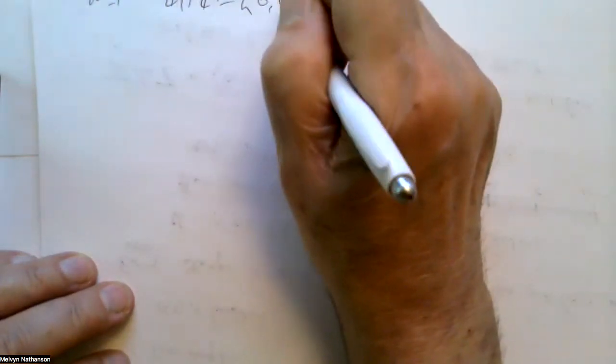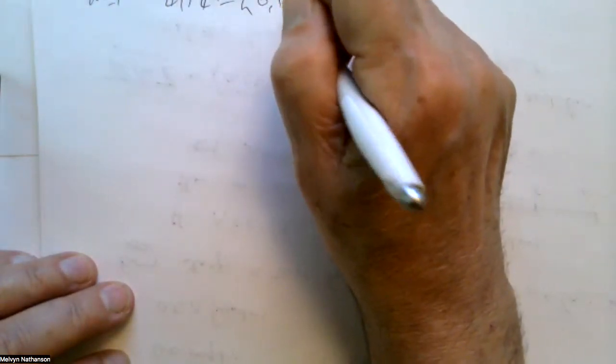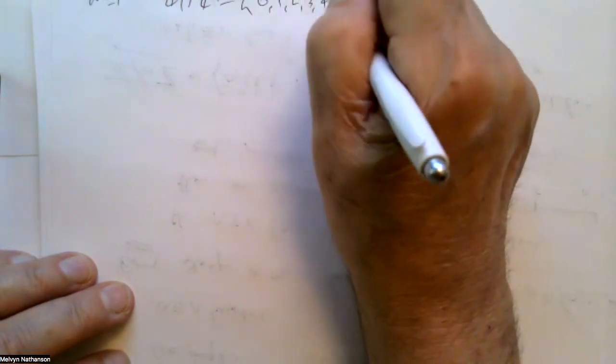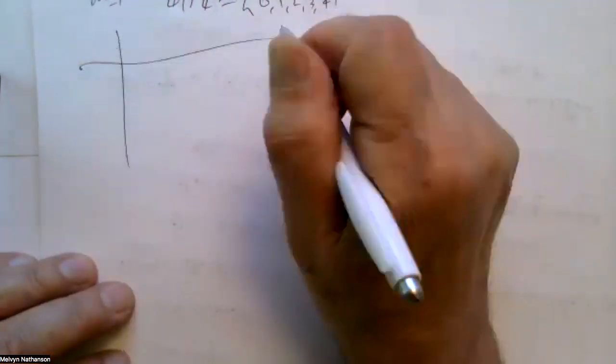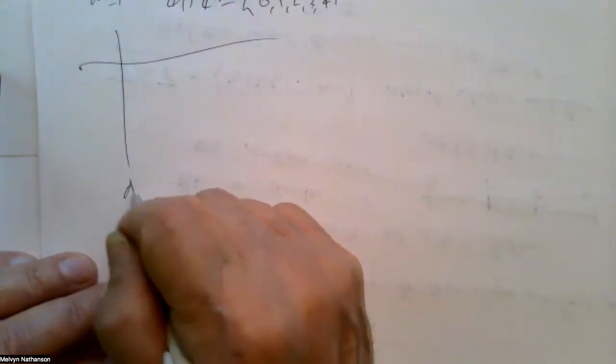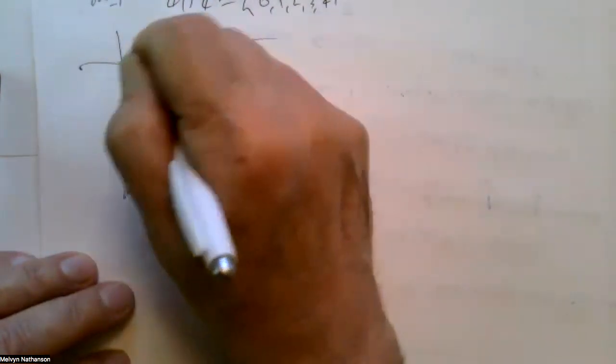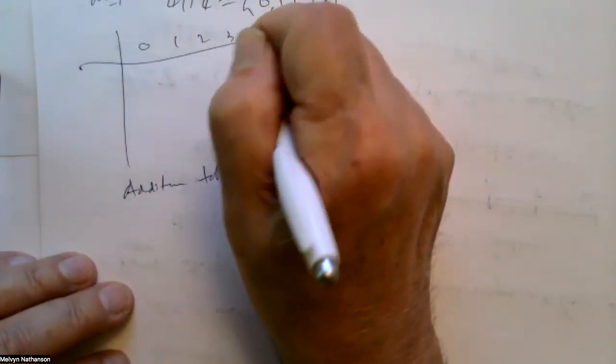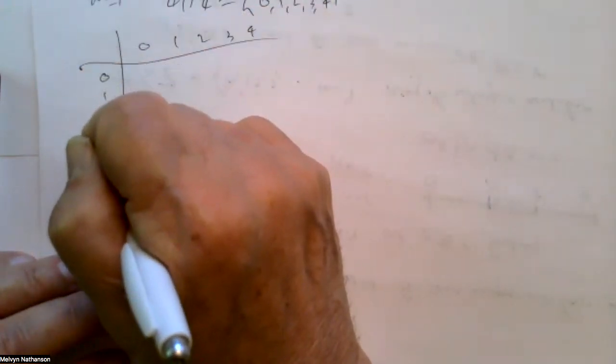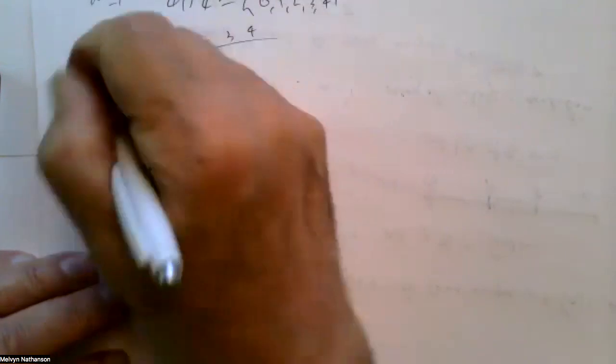So let's take m equal to 5. So we have Z mod 5Z, which consists of the 5 elements 0, 1, 2, 3, and 4. And we can work out an addition table. 0, 1, 2, 3, 4 across and 0, 1, 2, 3, 4 down, and this is for plus.